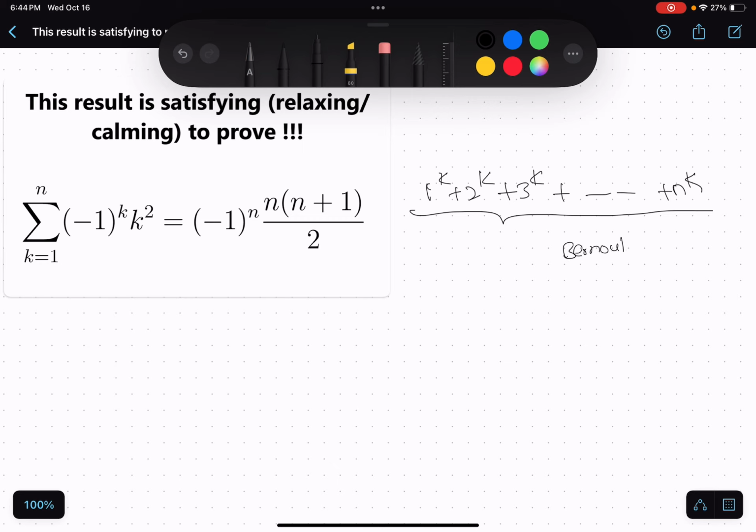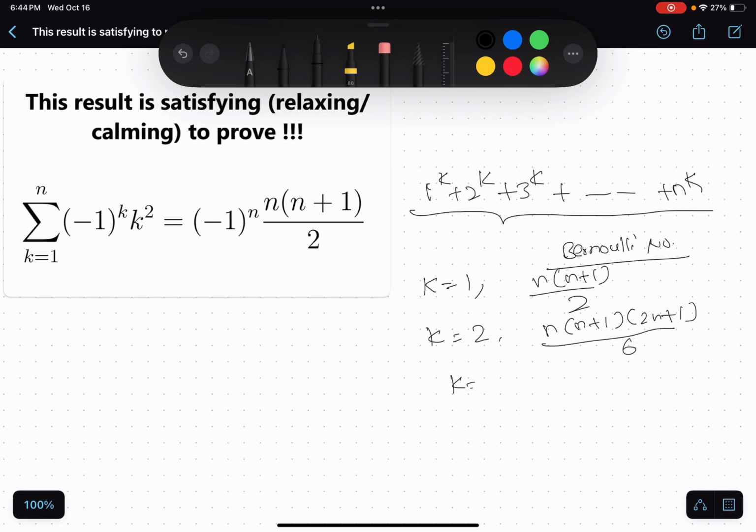We also know results for, let's say, when k is 1, the sum is n(n+1)/2. When k is 2, the sum is n(n+1)(2n+1)/6. When k is 3, it's n squared (n+1) squared by 4. We know these results, and for others, we have a generalized formula using Bernoulli numbers.